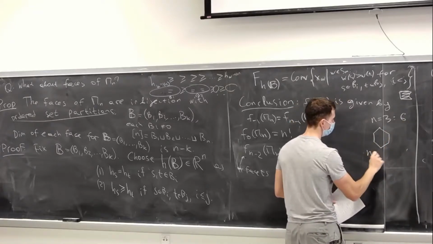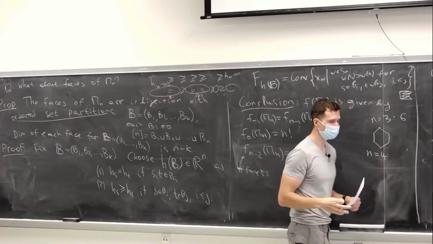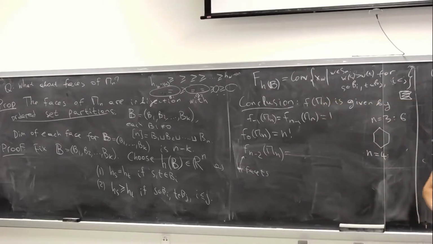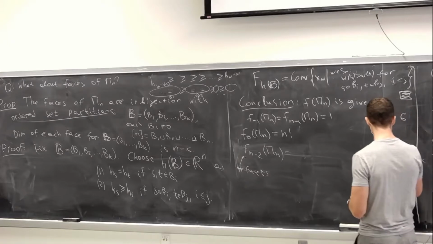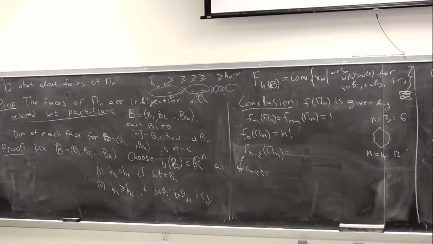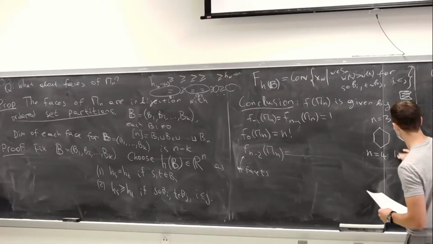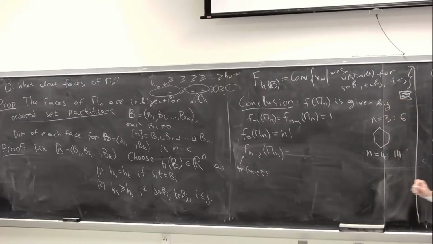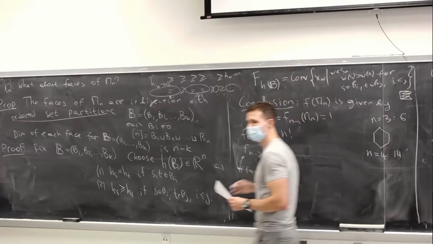And for the three-dimensional permutohedron, how many facets does this one have? 12. All right, interesting. 12. Wait, is it 12? 14. That's better. 14. And okay, so what's the general number?